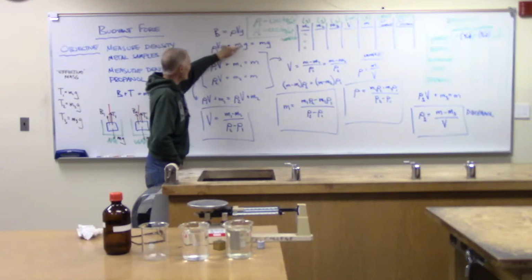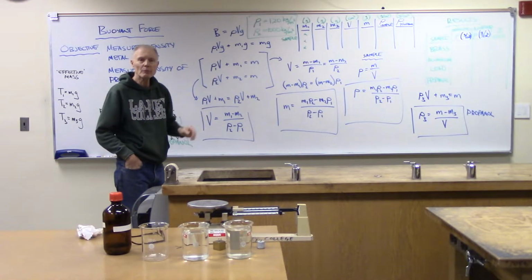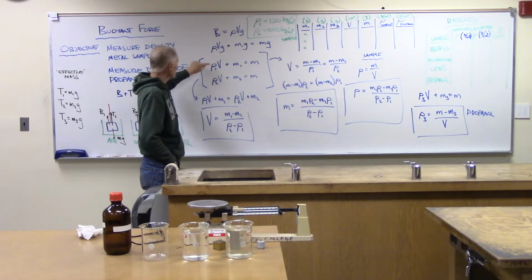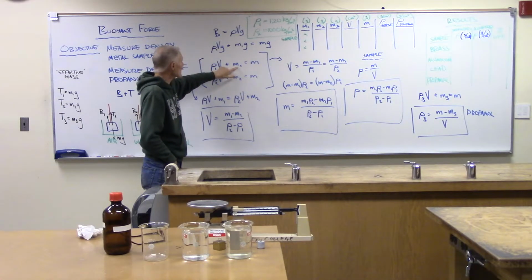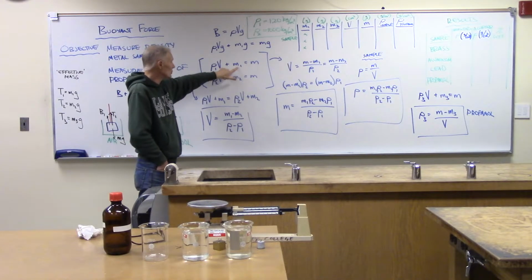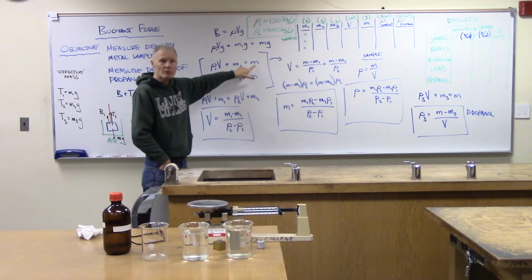Now, I can cancel out the g's, so the gravitational field goes away. We've seen that before with these buoyancy problems. And we're left with the density of fluid 1 times the volume being displaced plus the effective mass that the tension is measuring is equal to the actual mass.